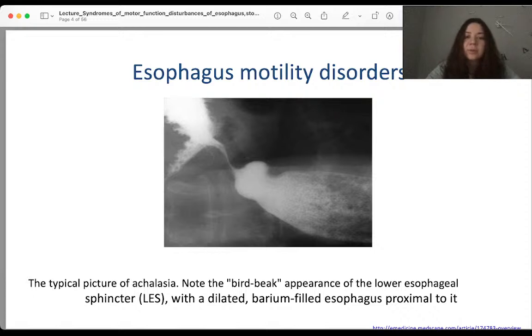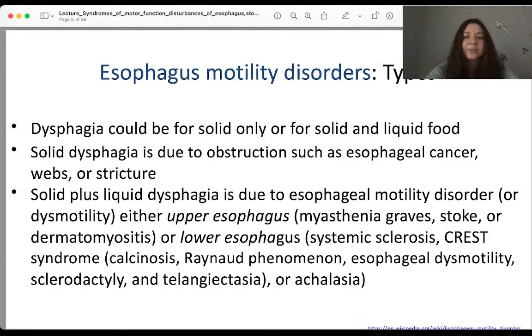Here you see a barium contrast X-ray with narrowing of part of the esophagus. Note the broad, big appearance of the lower esophageal sphincter with a dilated barium-filled esophagus proximal to it. It is obstruction of the esophagus at the level of the lower esophageal sphincter.